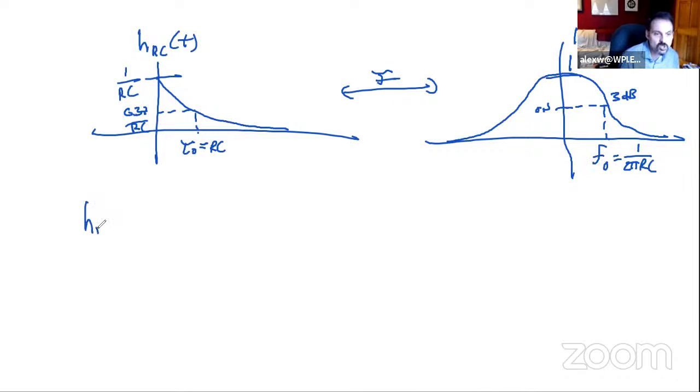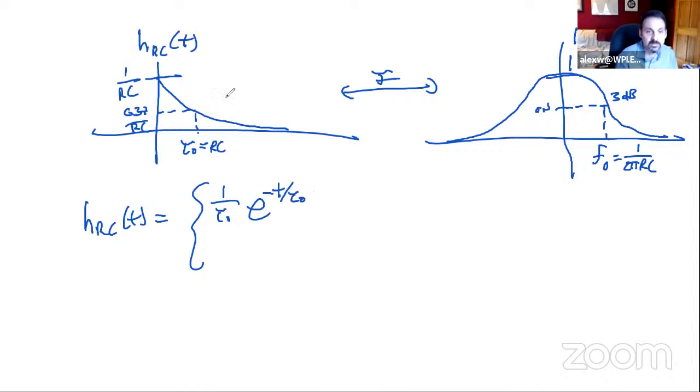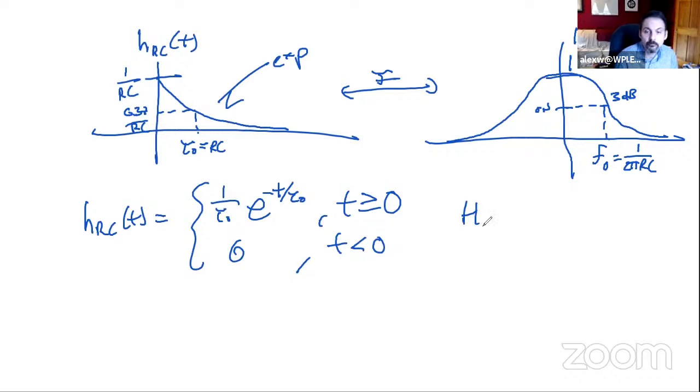Mathematically, HRC of t is going to be equal to e to the minus t over t naught, with the time constant, so it has some sort of exponential decay. And that's for t positive values, and it's 0 for negative values. Okay, cool beans. Frequency representation, it's complex.